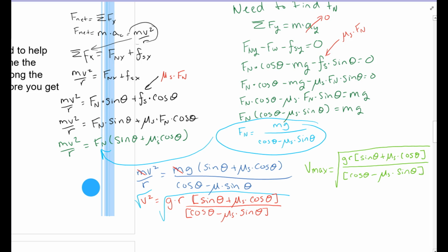So this is the maximum speed on any banked curve with a consistent radius. You just need to know the coefficient of friction for those particular tires and, of course, the angle of that banked road. All right, thanks.